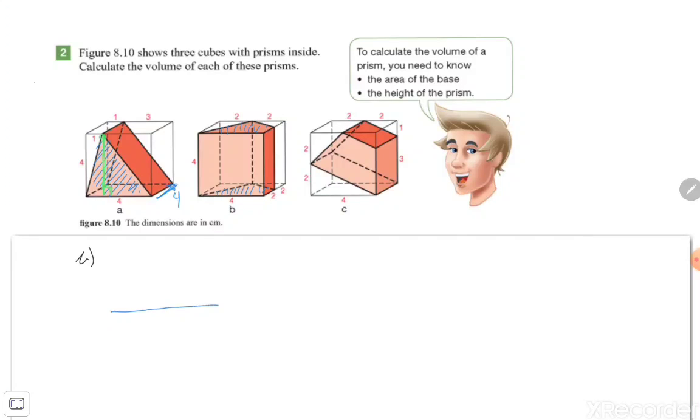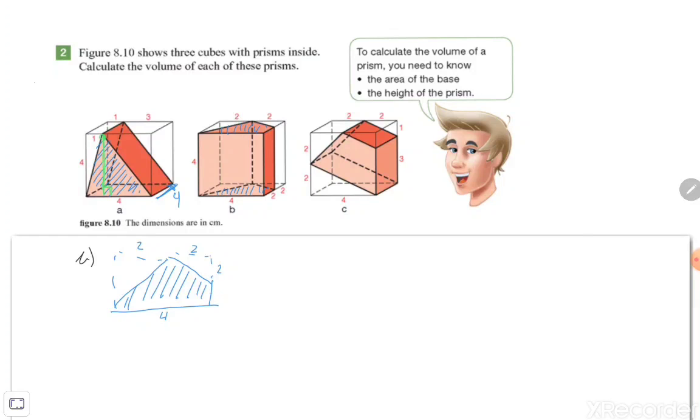This line is 4 centimeters, and then to there, because this is 2, and this is also 2, and beneath you'll find that that part is 2. Alright, so we need to calculate that part.